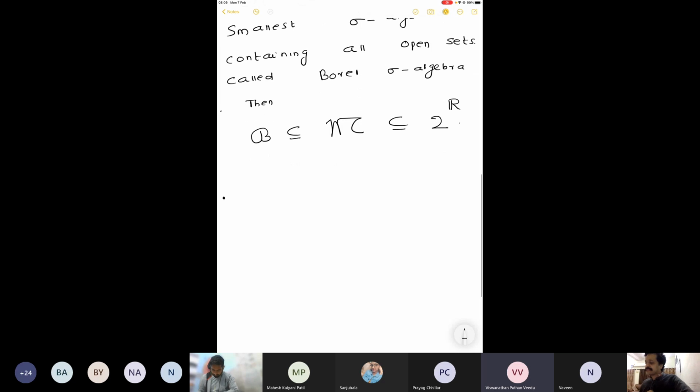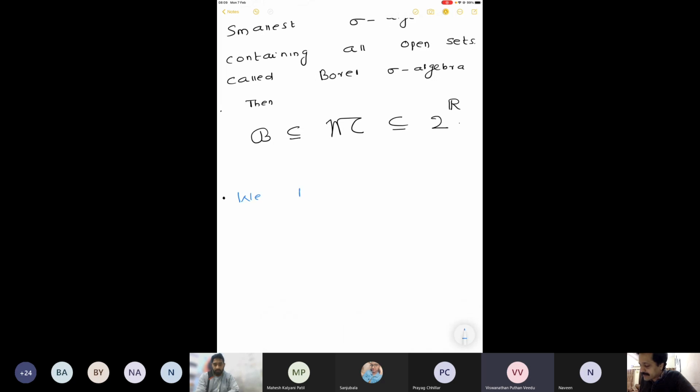And next, we would like to see whether this M, the sigma algebra containing all open intervals, can exhaust 2 power R. Can it be exactly equal to 2 power R? We already saw one argument to convince that script M cannot be equal to the entire 2 power R. The argument was as follows.